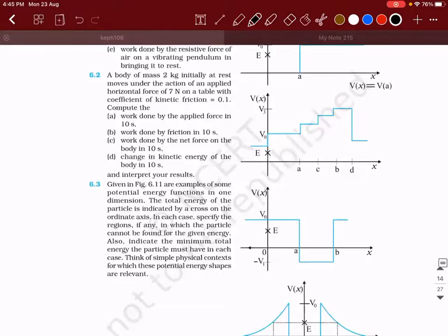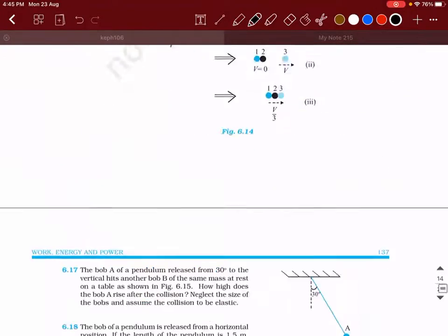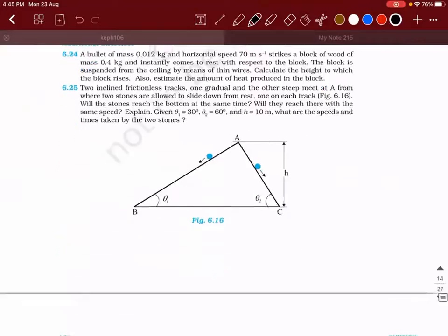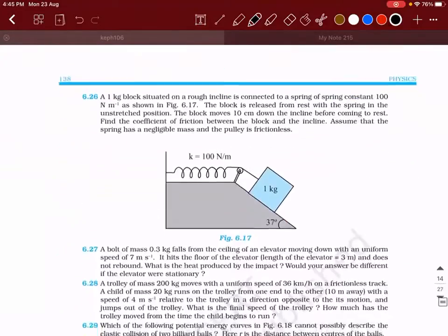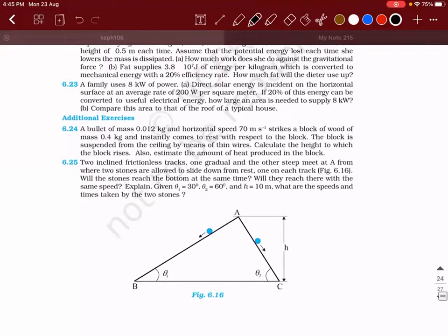We'll do one last problem based on these concepts. Try this problem, 6.25.